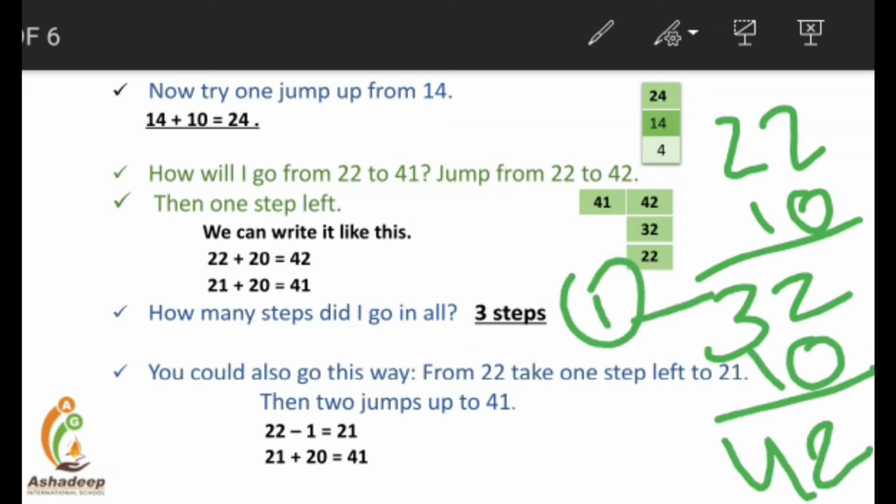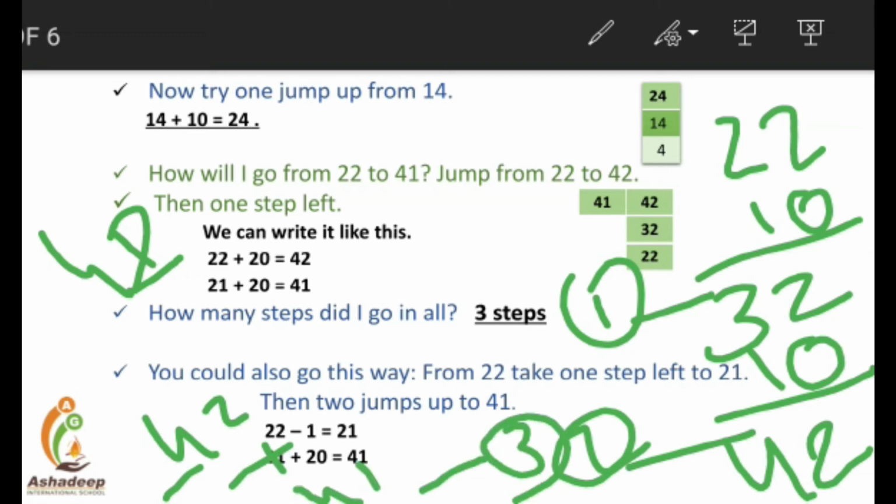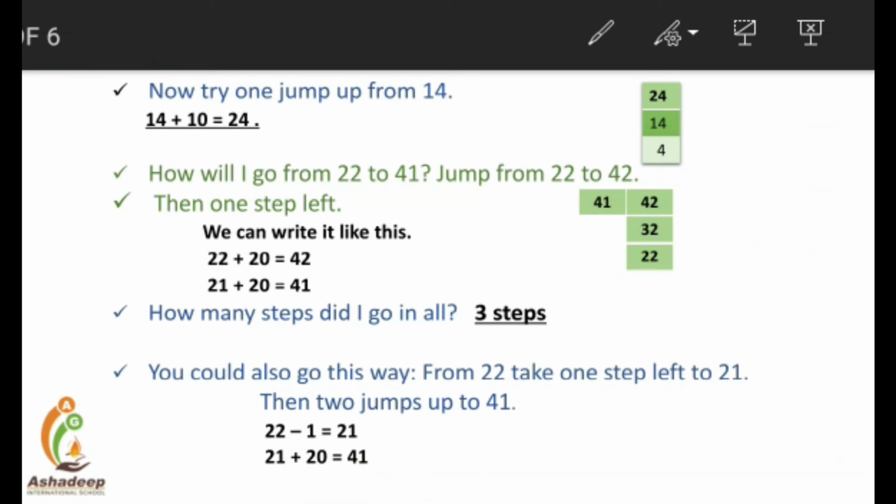That is step 1, that is step 2, and 42 minus 1 gives 41. So that is the third step. That way we get 3 steps.